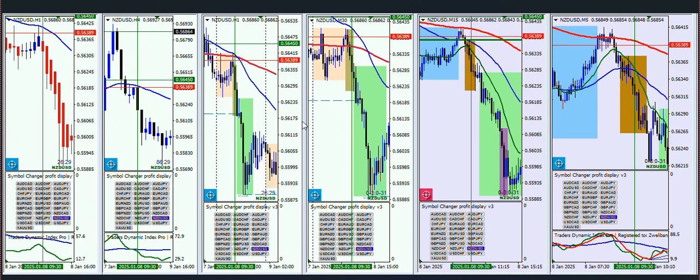So this is another setup on the NZD USD that happened on 8th of January 2025. So you can see a rejection from at least 2 time frames. So we have 30, 15, and 5 rejection.